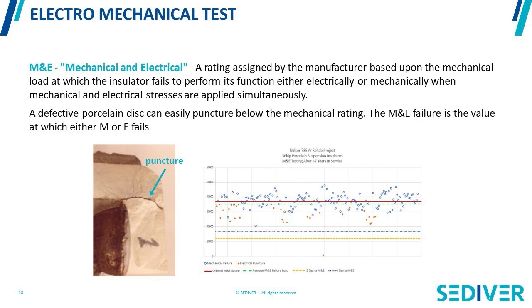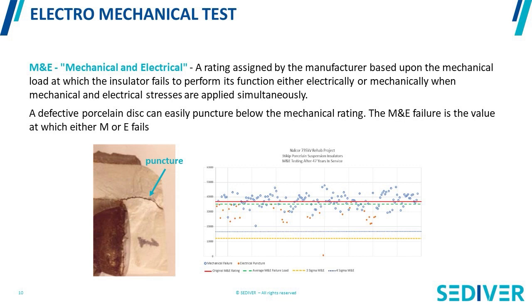It's a very interesting exercise which we did in one of the Sediver laboratories some years ago. It's a 735 kV line that was relatively old, 47 years old, and the utility started to believe that those insulators were starting to give problems in terms of maintenance. There is some risk. So they took insulators down and we tested them in our lab.